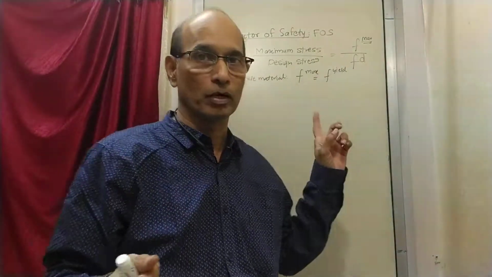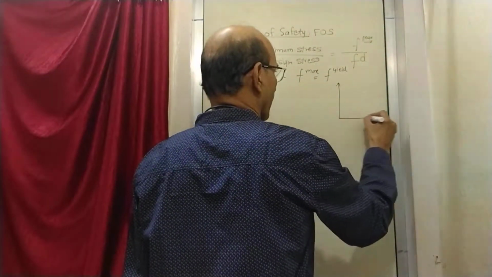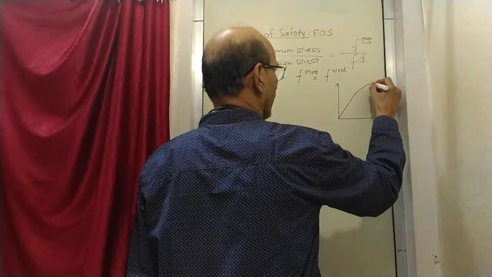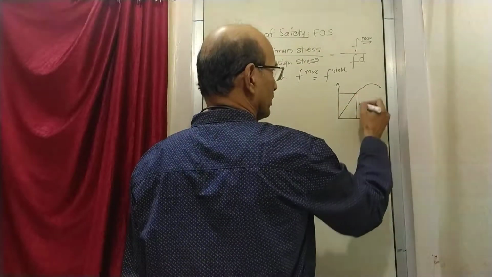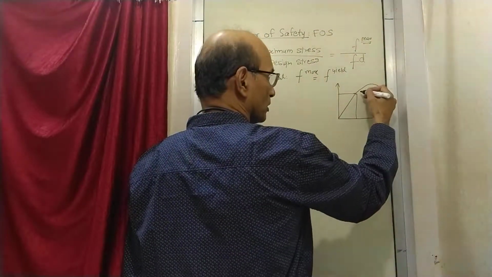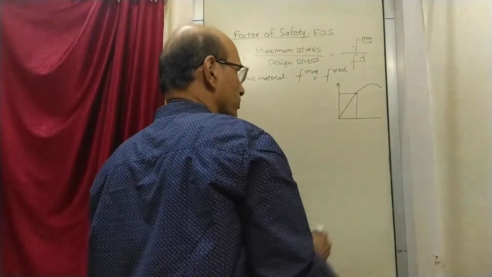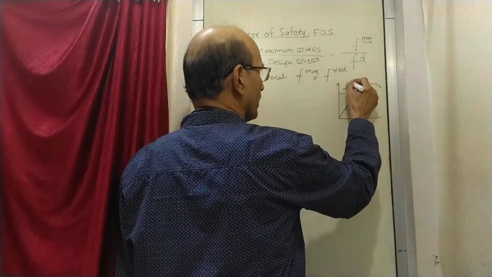So the graph which we have drawn just now, I'll just draw that graph again. It will break here. So up to here it is the elastic limit, and then it will stretch further. It will not come back to its original position, but it will exist like this. And in this case, this is the yield stress Fy.